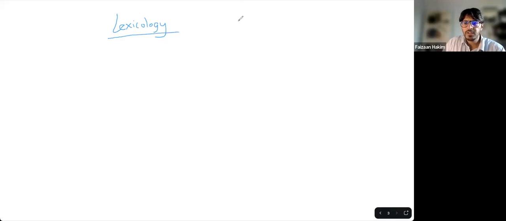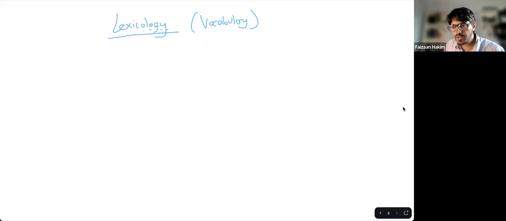There's no one neat name for this in Arabic. Let's just call it lexicology for now. I mean this more than vocabulary. Yeah, we say vocab, but it's more than that. It's not just learning vocab. You see, lexicology, the "ology" means that it's a science, something very deep going on here.